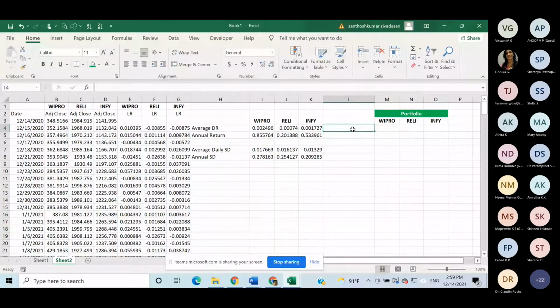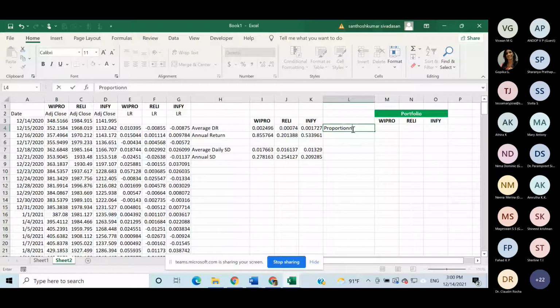So we are computing the portfolio return. Before that, I am giving you a portfolio proportion. I have rupees 100 in my hand.